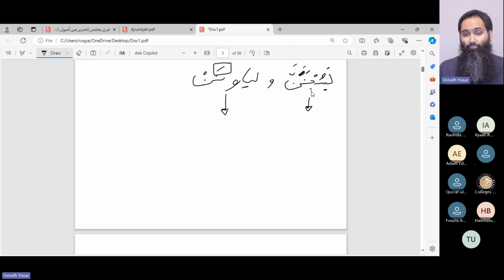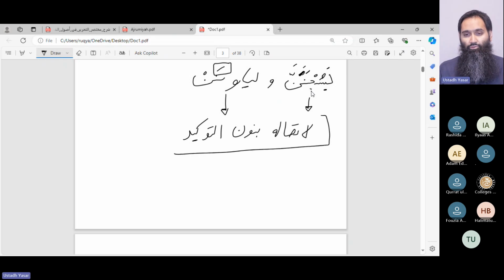The point here is both of them are fi'l mudari. However, they are not mu'rab. They are both مبني. مبني على ماذا؟ مبني على الفتح. لماذا مبني على الفتح؟ لاتصاله بنون التوكيد. نون التوكيد can be ثقيلة أو خفيفة.